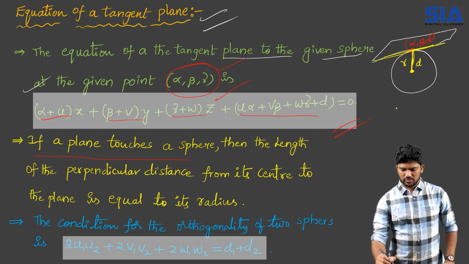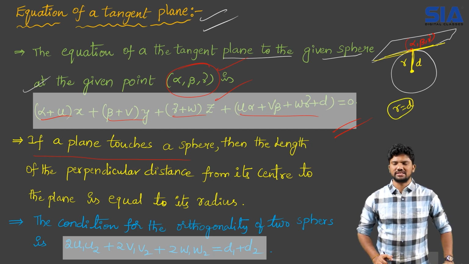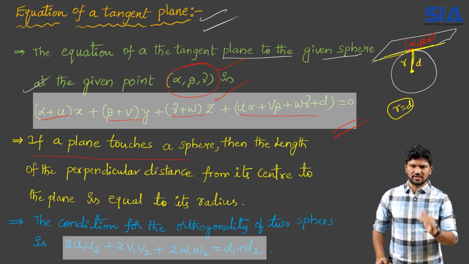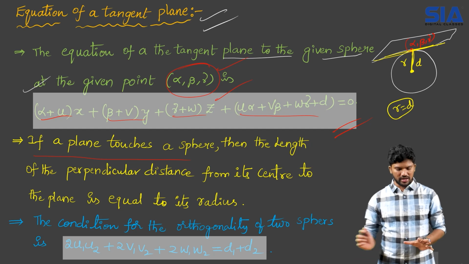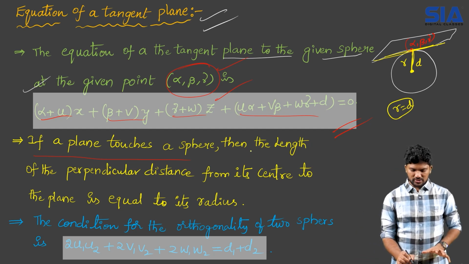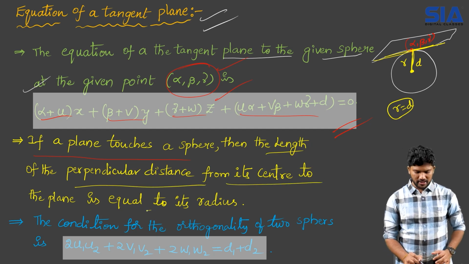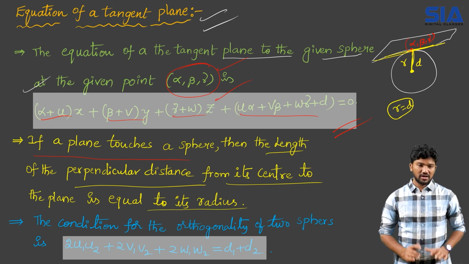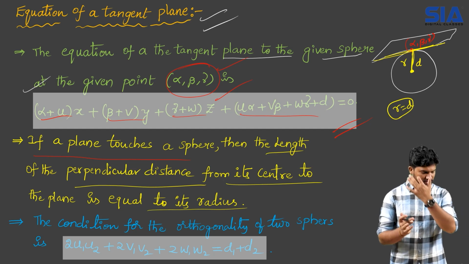In intermediate level also we discussed the same thing: the radius of the circle is equal to the perpendicular distance from the center of the circle to that line. Same concept here. The length of the perpendicular distance from the center of the sphere to the plane equals its radius. Then only that plane is called a tangent plane.